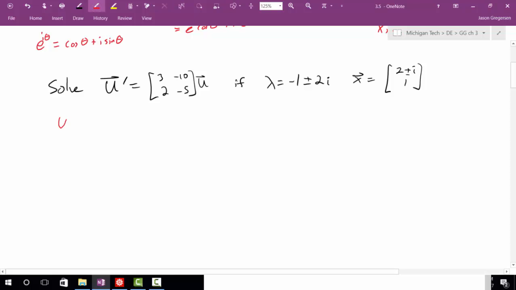So remember that my assumption was that my solutions look like some eigenvector times e to some eigenvalue t. I'm just going to grab one of these and grab one of these. So I'm going to write this as some eigenvector, I'm going to choose the positive one, times e to the eigenvalue, I'm going to choose the positive one.